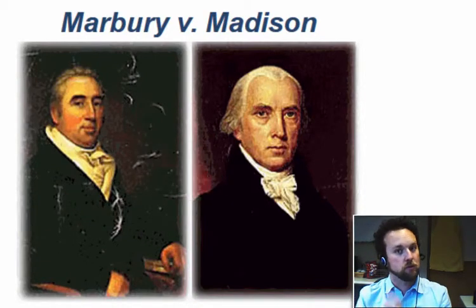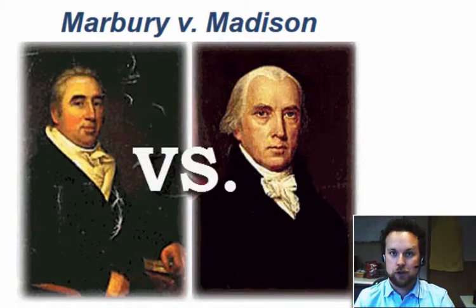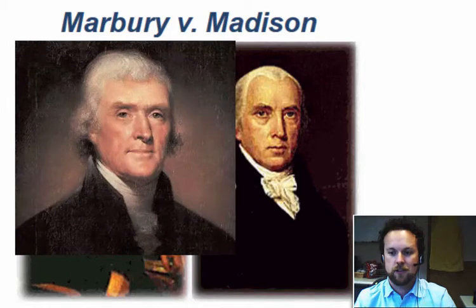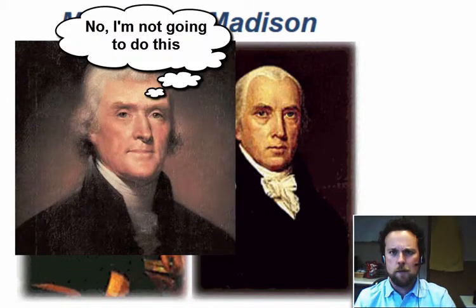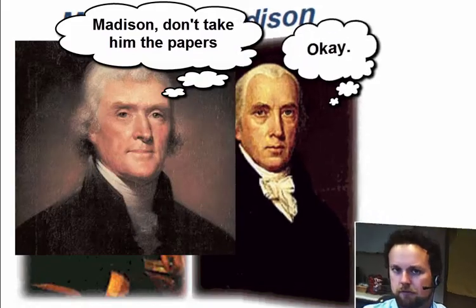So Jefferson's response was to order the Secretary of State, Mr. James Madison, not to deliver the official papers of appointment to Mr. Marbury, which would have confirmed him as a member of the court system. So Jefferson just says, no, I'm not going to do this, so Madison, don't even take him the papers.